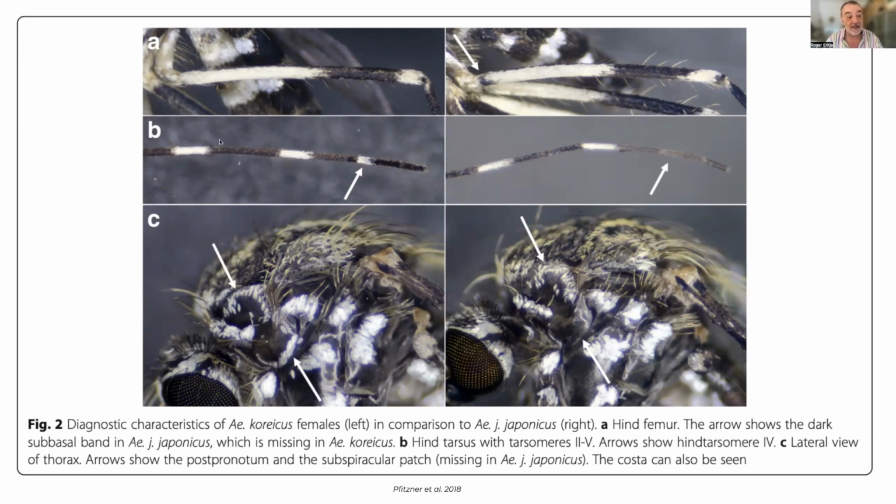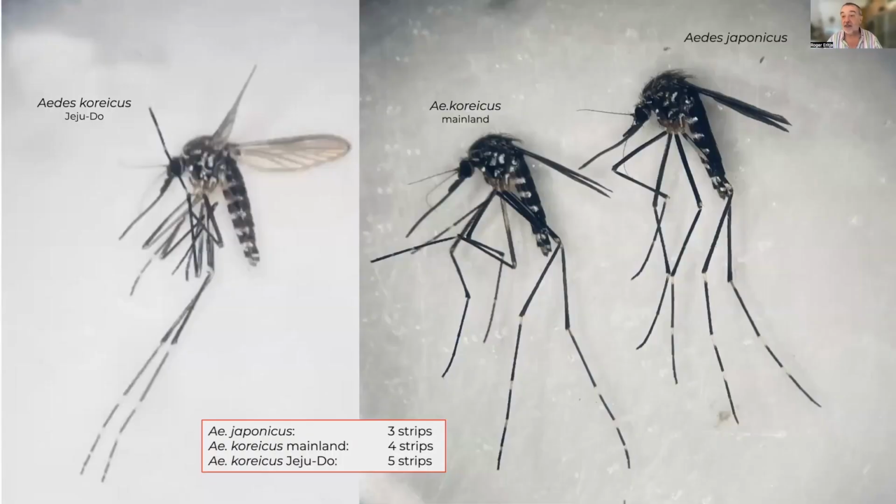And then you have the third leg. You can see the differences because this is the koreicus mainland form, which has this ring, whereas japonicus hasn't it.